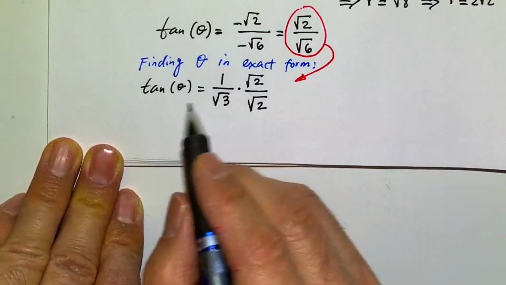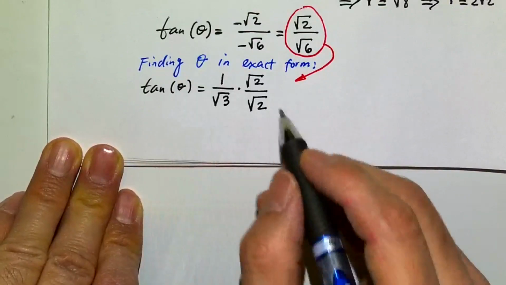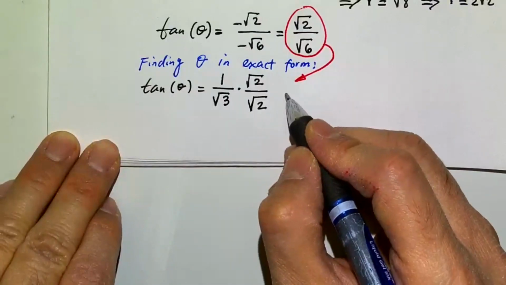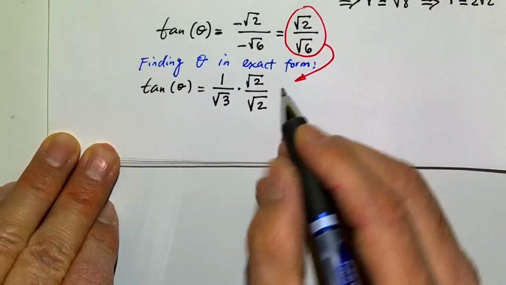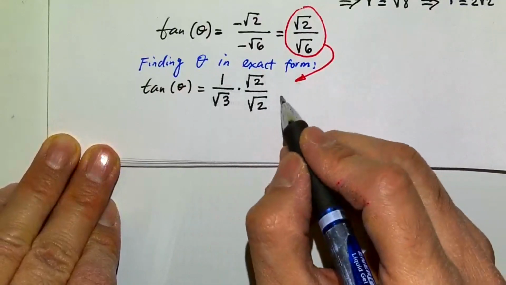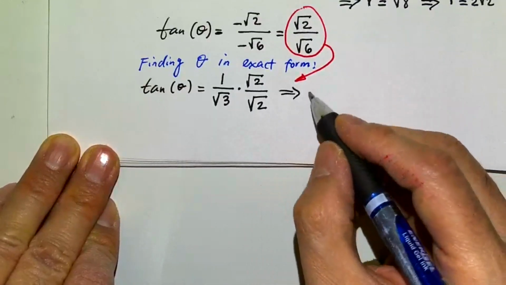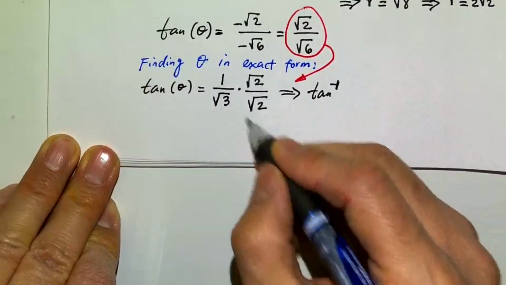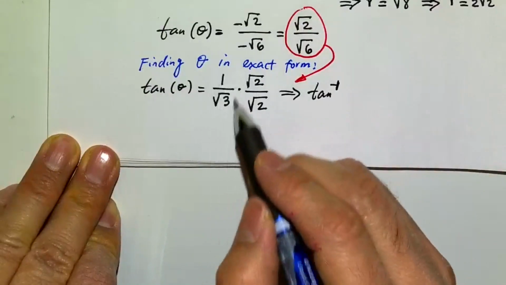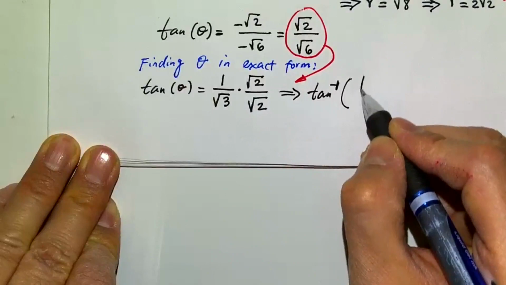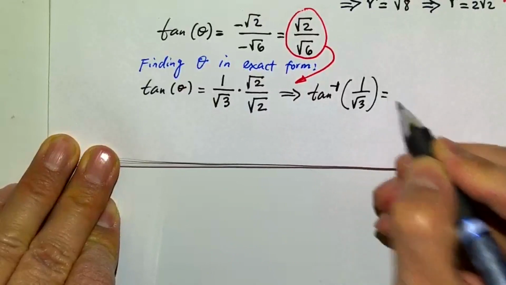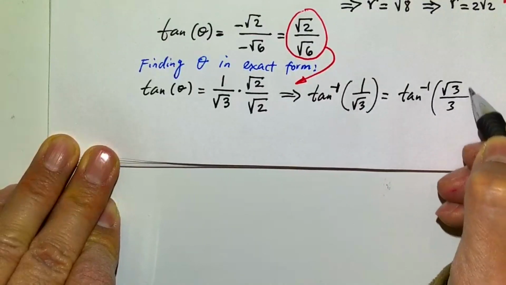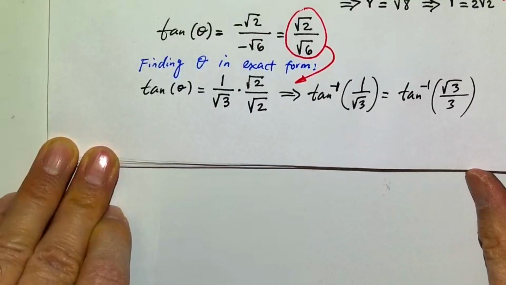So the inverse tangent of this angle would be the inverse tangent of, that's just 1, so leave it out. So just find the inverse tangent of that. That is equal to inverse tangent of square root of 3 over 3, right, after rationalizing.